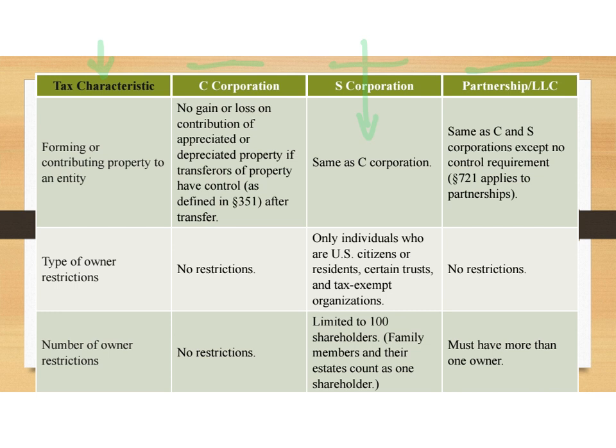Okay, the other things that we need to look at are types of owners. With C corporations and with partnerships and LLCs, there are no restrictions. However, with S corporations, we know there are restrictions on who can be an owner, and we also know that there are restrictions as far as the number of shareholders.